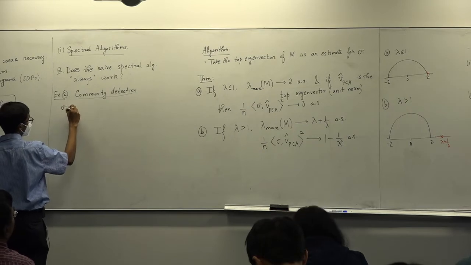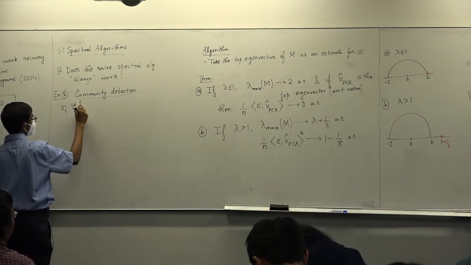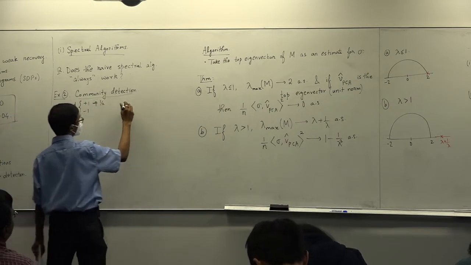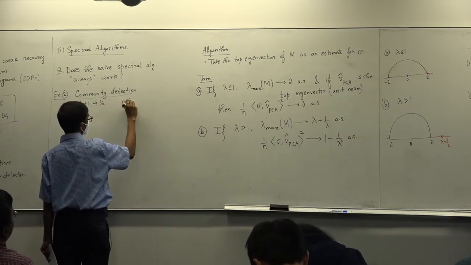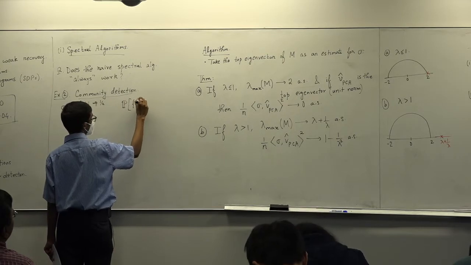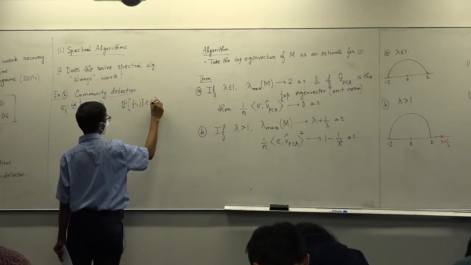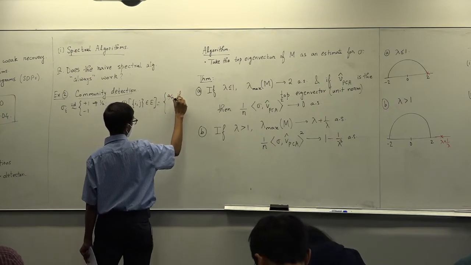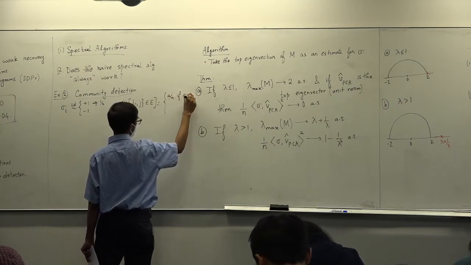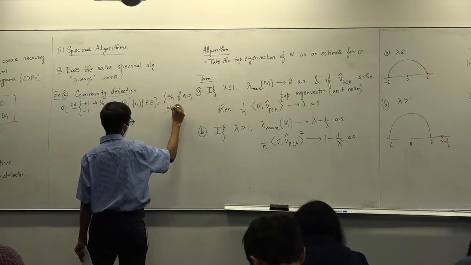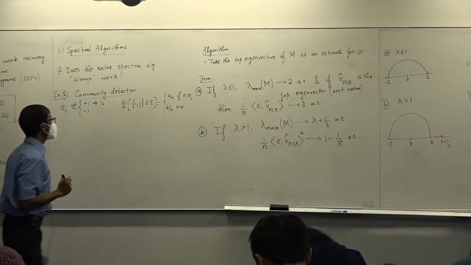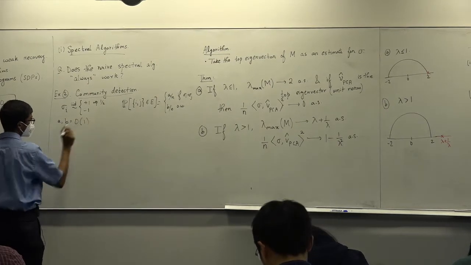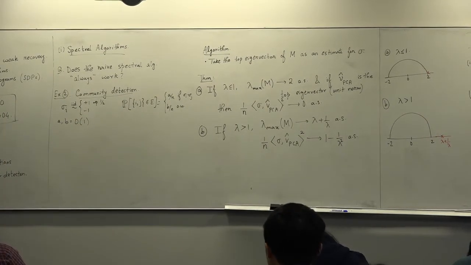I have sigma i's that are IID plus or minus 1. These are my community assignments, and the probability that ij is an edge is A over n if sigma i is equal to sigma j, and B over n otherwise. A and B are fixed constants independent of n. This was our model.